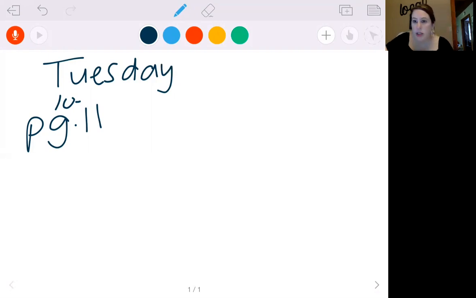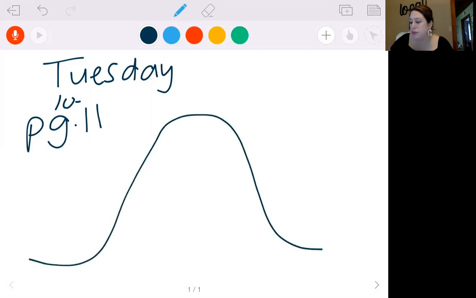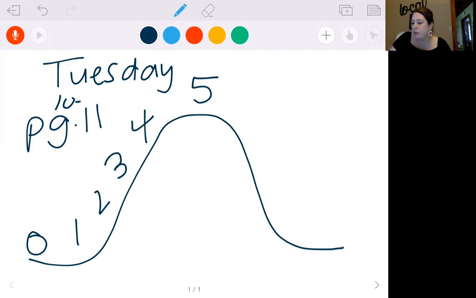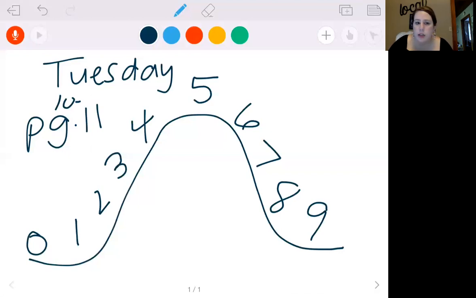So when you round a number, there's a couple of rules. I like to think of it like a roller coaster. On a roller coaster, you go up, up, up, and then you go down. So if we look at our roller coaster and we put 0, 1, 2, 3, 4, 5 at the top, 6, 7, 8, 9. You can visualize this roller coaster to help you with rounding.